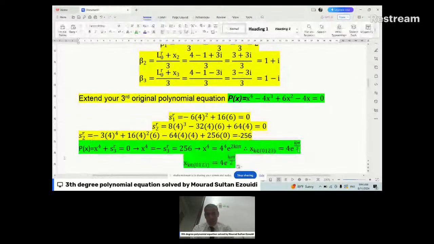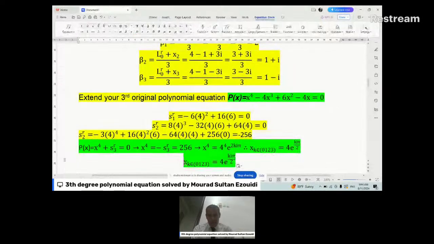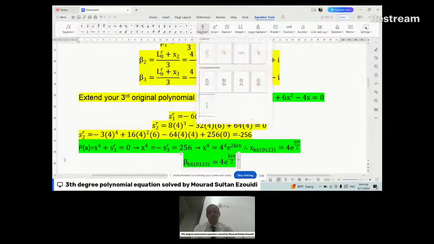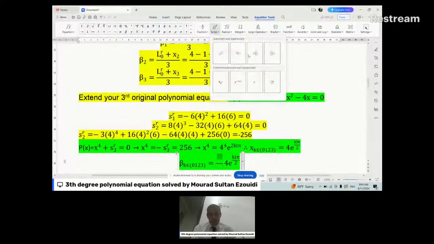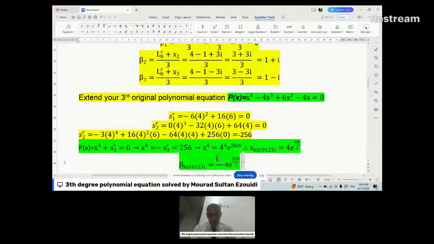Therefore, learners, L0 of order, I will write alpha or beta, the roots, equal L0 for the Q, the sum of the roots, plus xk divided by 4, because now you extend your polynomial equation.